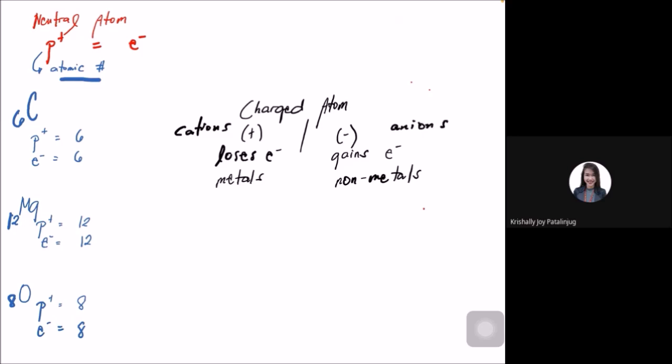For magnesium, since this is a metal, recall that its ion form is Mg2+, so positively charged because it is a metal. During chemical combination, it loses 2 electrons. So when you are to identify the number of electrons, it already contains 10 electrons. From 12, it loses 2, then that's equivalent to 10.